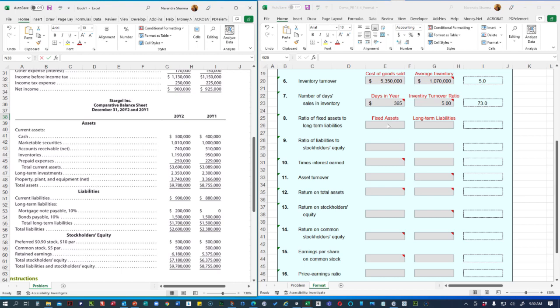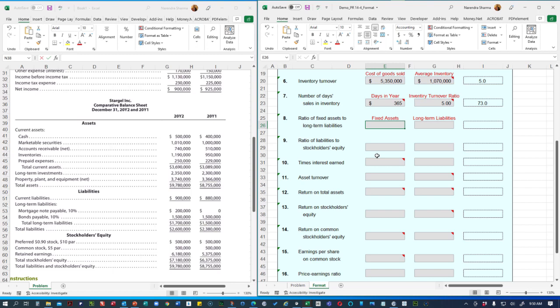But remember, for the purpose of this ratio, long-term investments are not included as fixed assets because we are looking at the property, plant, and equipment. So that's why we'll take that figure. Please understand that concept. While calculating the ratio of fixed assets to long-term liabilities, we look at only the property, plant, and equipment.